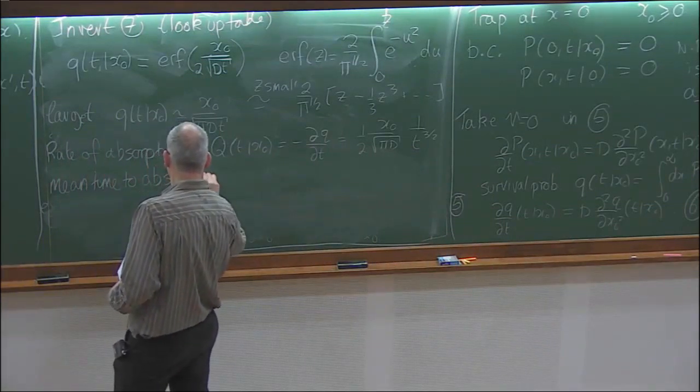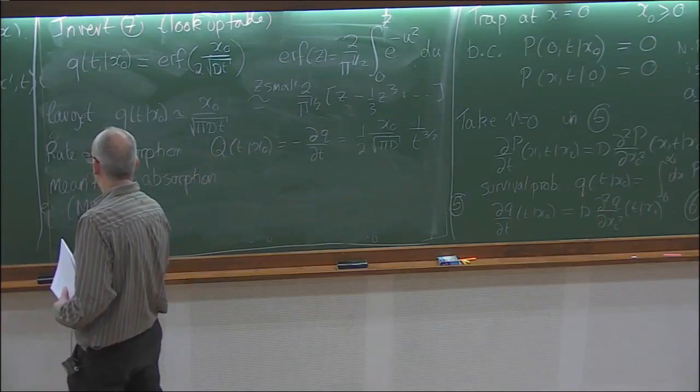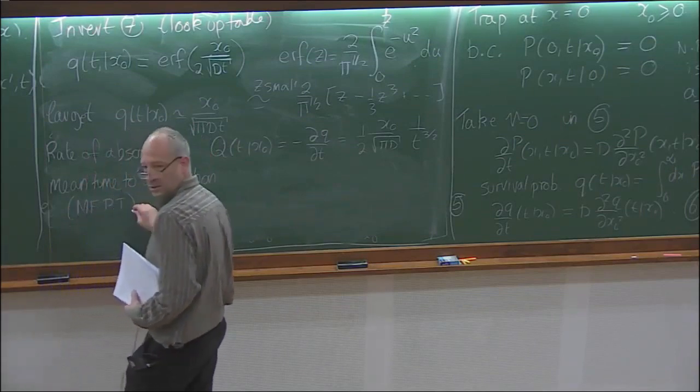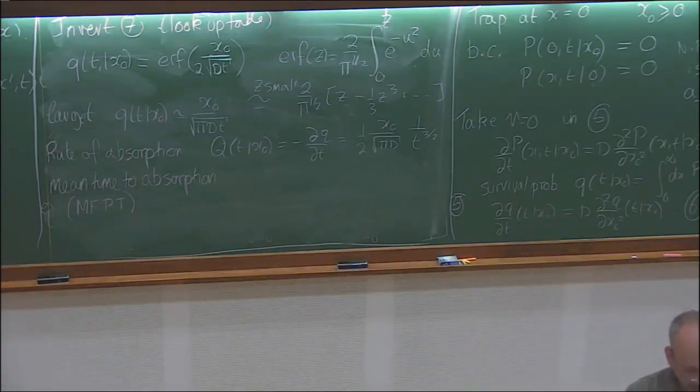Now this is often called the mean first passage time, so I might use that abbreviation later. Basically, it's the average of the first time that the particle touches the origin, because whenever it touches it, it gets absorbed. That's why it's called mean first passage time.